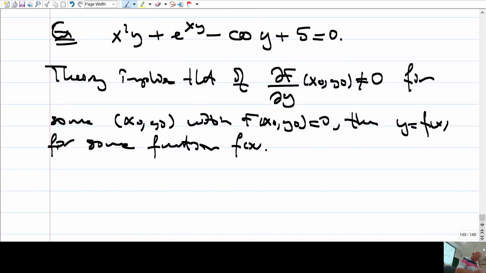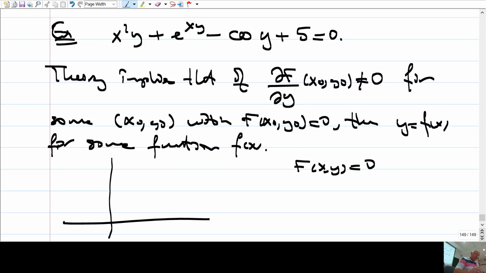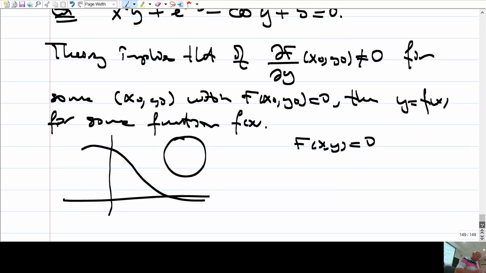Bu ne demek? Yani bu şöyle bir şey. If you equate f of x, y equal to 0, so this equation has a solution set. It may be something like this, and then there might be something like this here, okay?